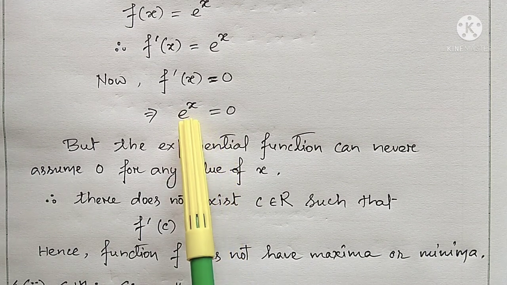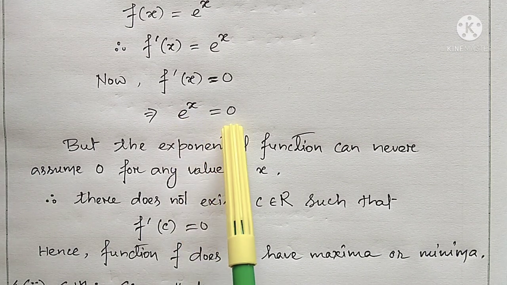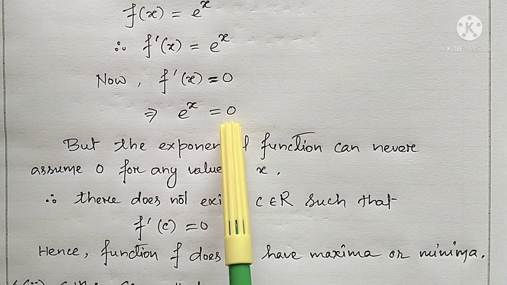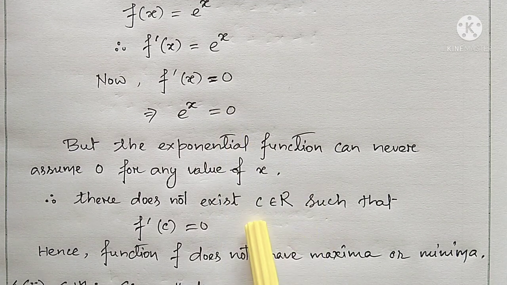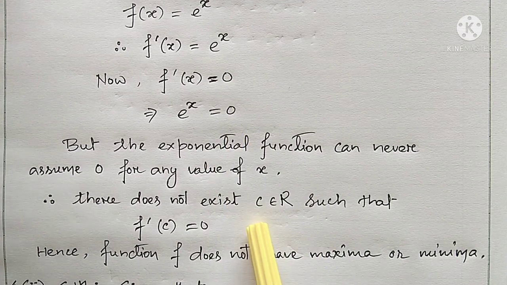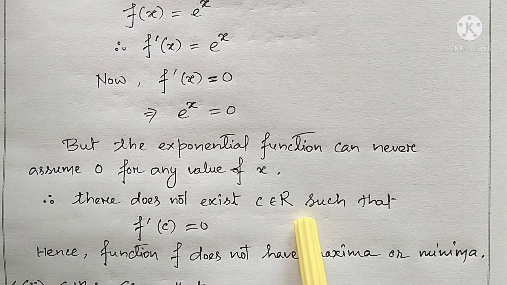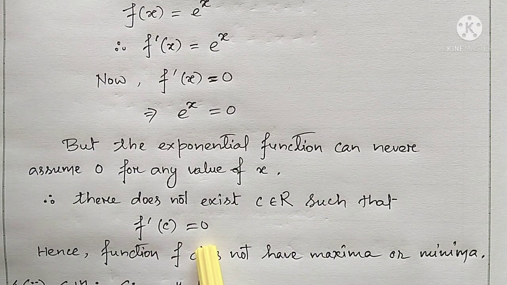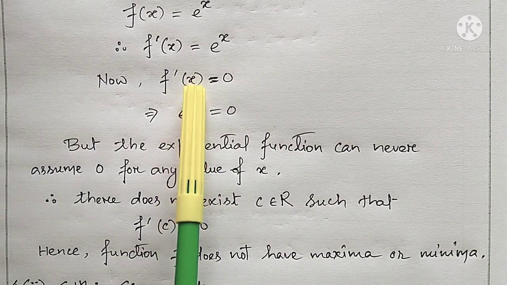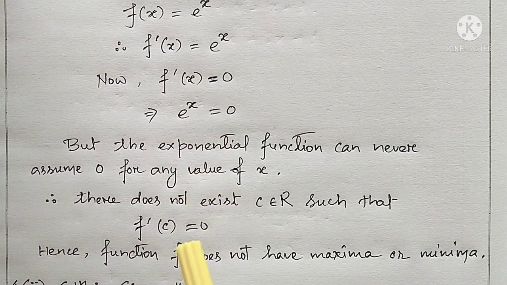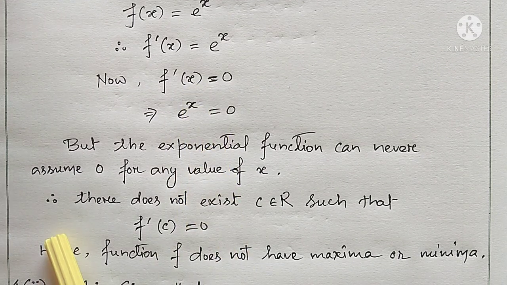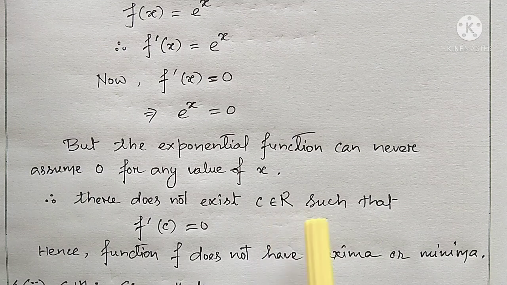When we get e to the power x equal to 0, we can't find the value of x, so we can't find the critical points. That is why we write that there does not exist c belongs to R.